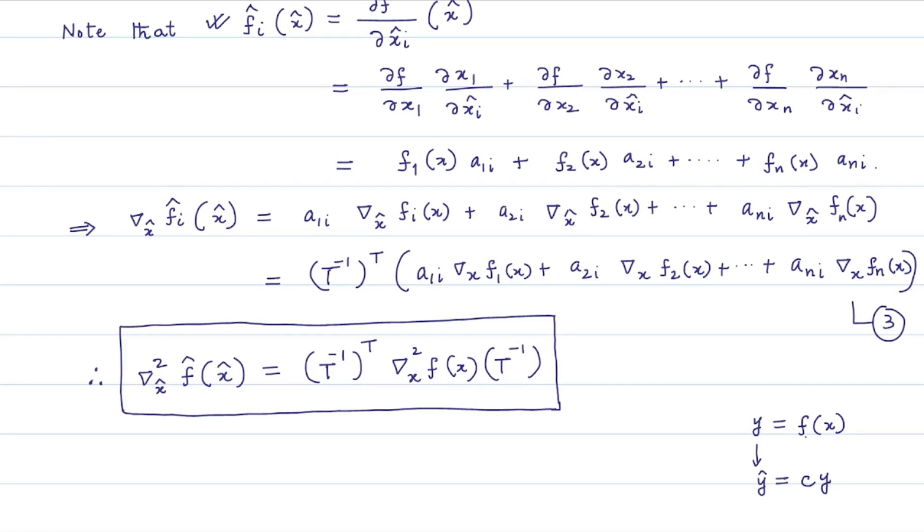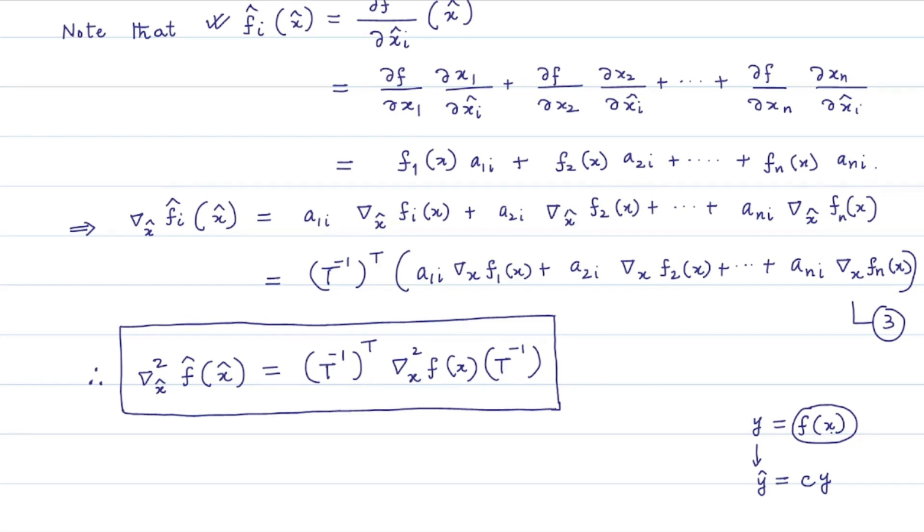That means effectively we change the function value f(x) to the scaled function value c times f(x). And now we want to calculate how much the gradient and Hessian of the function f get changed by changing f to c f.